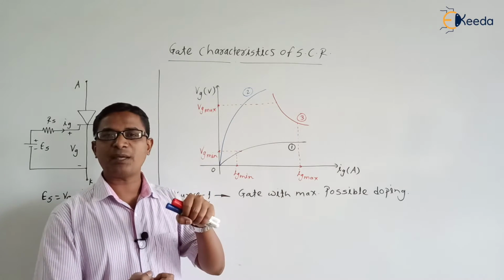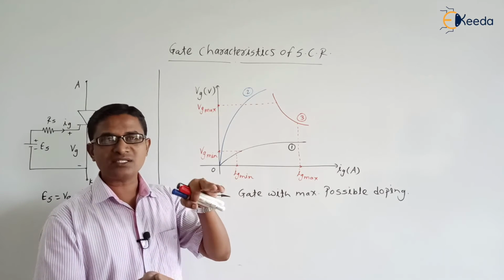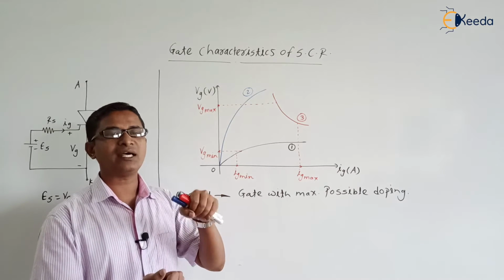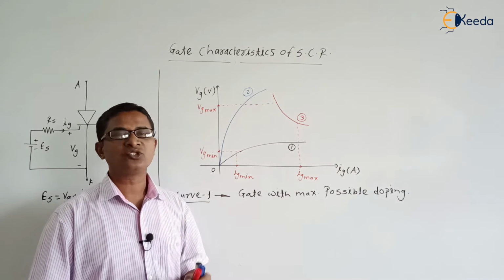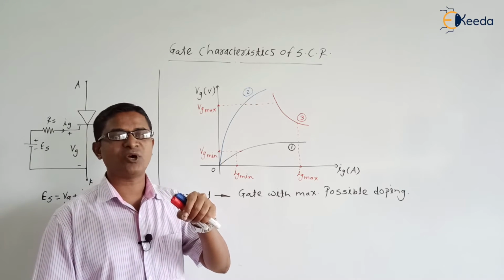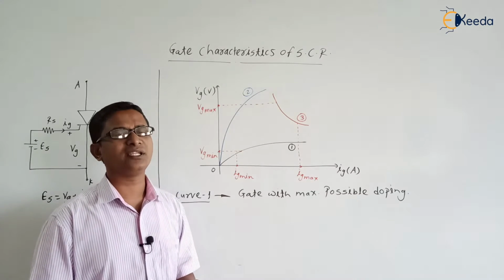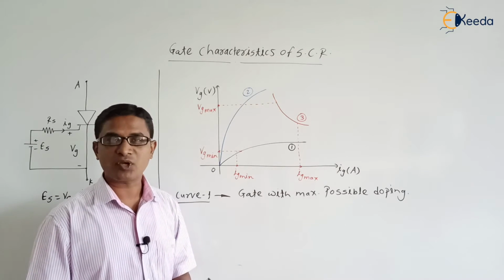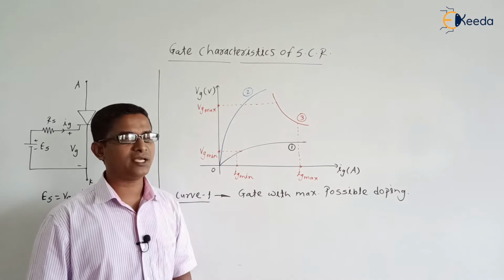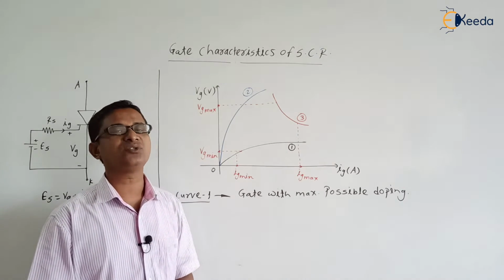Means inner p-type layer consists of very large number of positive charges. So as the inner p-type layer consists of very large number of positive charges, for a very small change in the Vg, the current Ig will increase by a very large amount. Because already in the inner p-type layer we are having very large number of additional charge carriers, that is positive charge carriers.